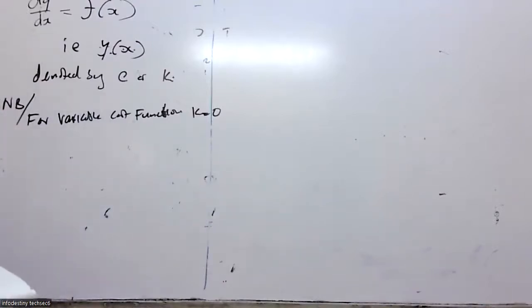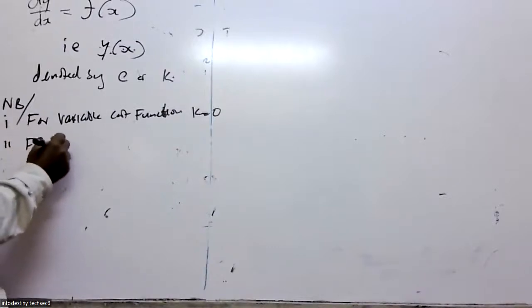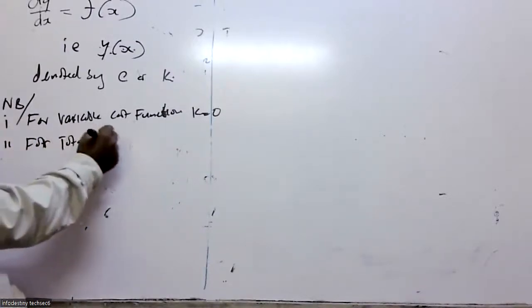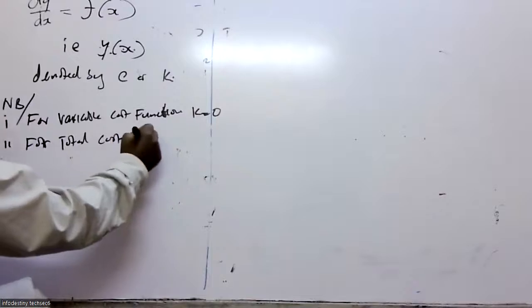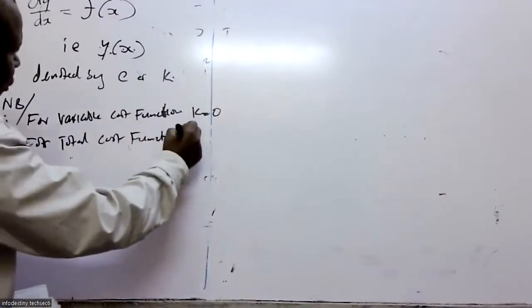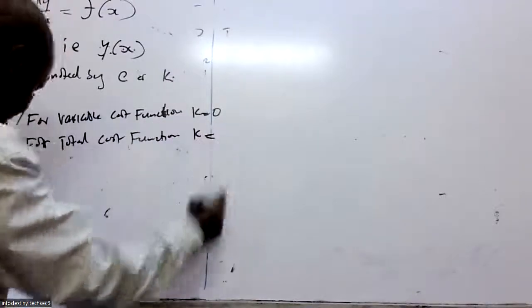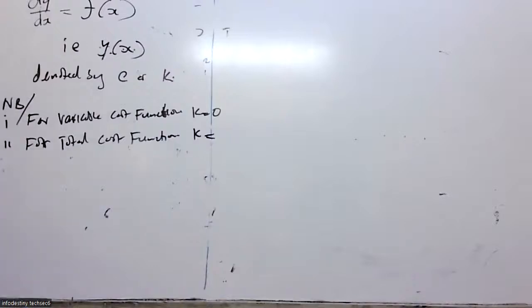The second one, for a total cost function, K will be equal to the fixed cost.